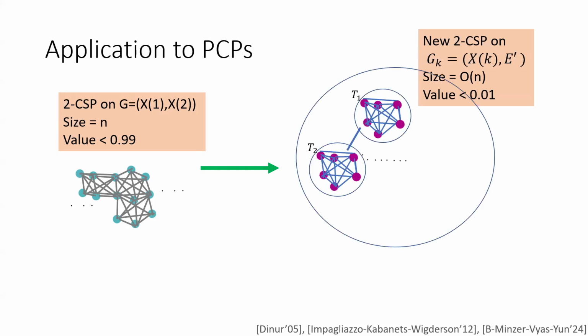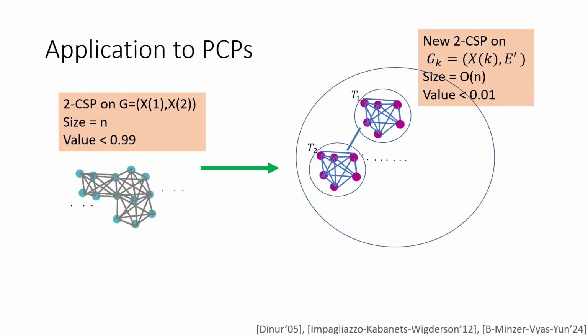The vertices of the new graph will be the K-sets in this HDX given by X, and the edges are going to be between K-sets that overlap in square root K. Now the constraints in the new 2-CSP check the obvious thing.